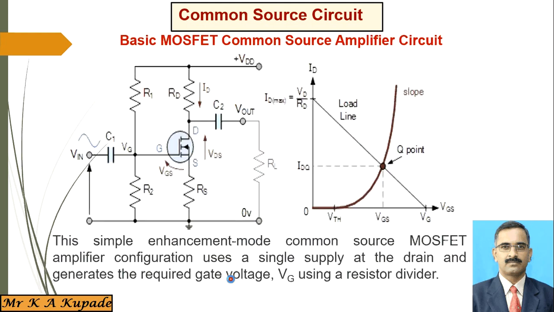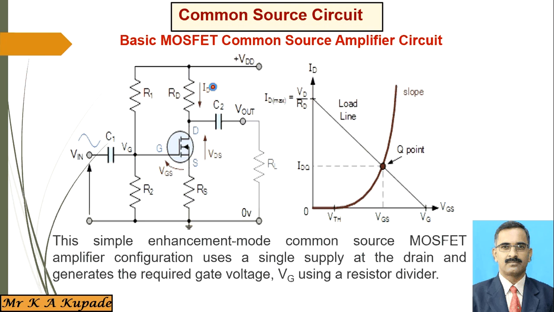so you will get the idea. Now see here how that particular MOSFET can be used as a common source circuit, or basic MOSFET common source amplifier circuit. I just showed you to understand how it is implemented. See here the voltage divider R1 and R2, these two resistors are acting as the voltage divider network, right?